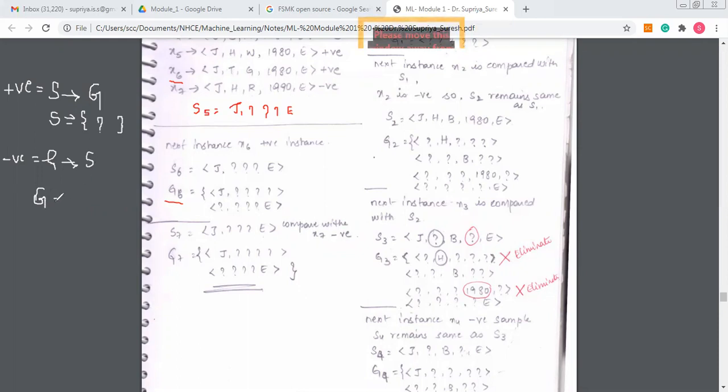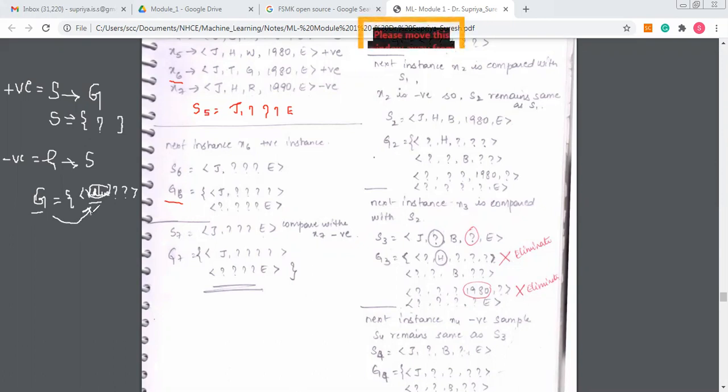The specific value remains the same, and in the generic I'm going to take that specific value from this S. Okay, from S, not the X. I'm not taking the input instances, but I take the value from S. So I take that value and specify it, and all the remaining become the question mark. So I'm going to take that particular specific value and place it over here. Okay, so this is about your candidate elimination algorithm.